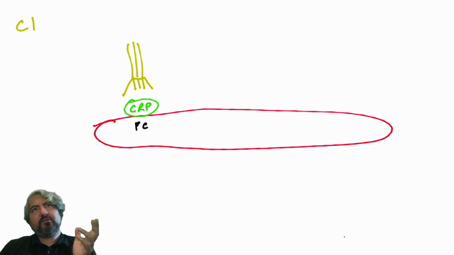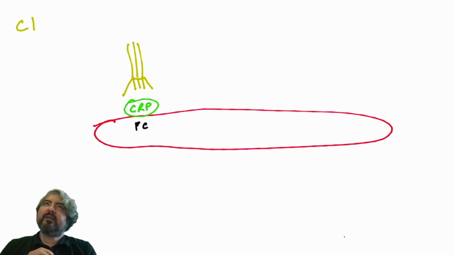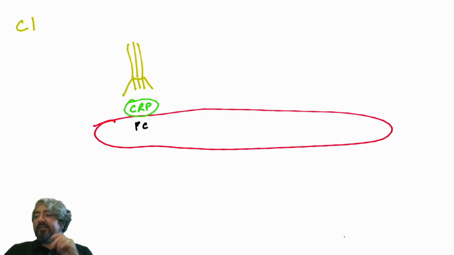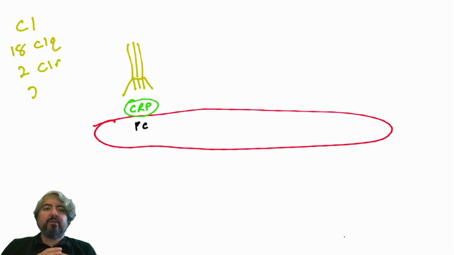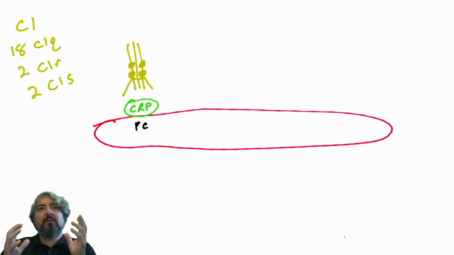So C1, we've learned a lot of complement proteins, right? We had C3, we had C4, we had C5. Wait, we didn't have C4, but we will shortly. We had factor B, factor D. Here's C1. The C1 molecule is actually made of a bunch of different complement proteins.